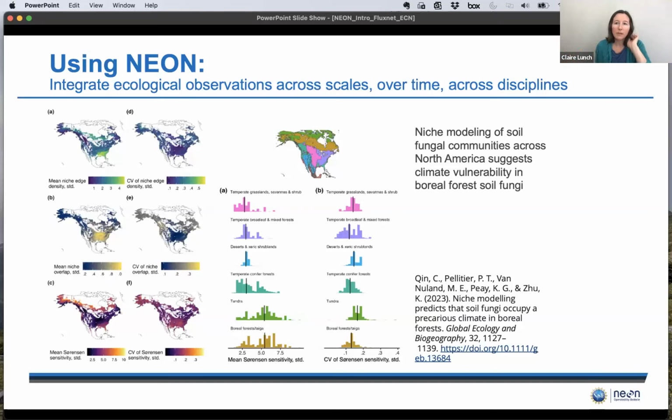And so they used that huge range to do some niche modeling of soil fungal communities. And they were able to estimate that soil fungi in boreal forests in particular are at the very edges of their niche space, and so potentially are especially vulnerable to climate change.